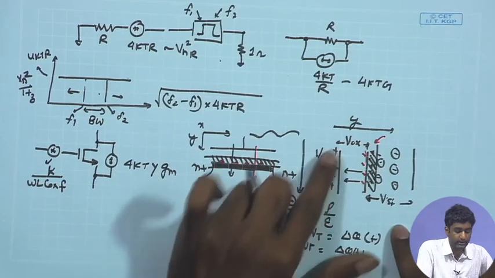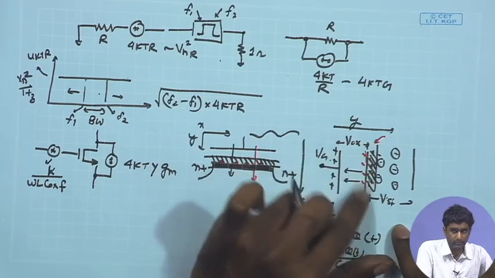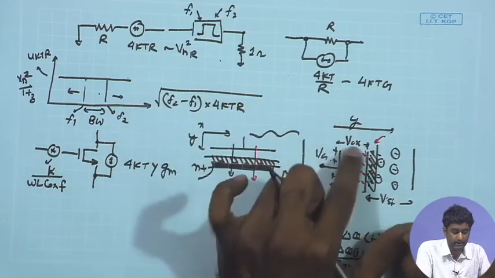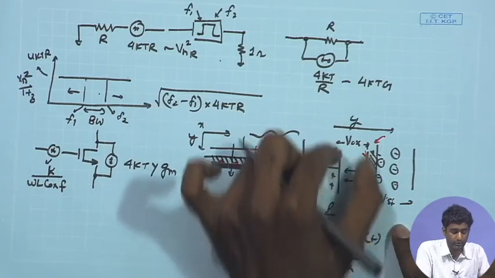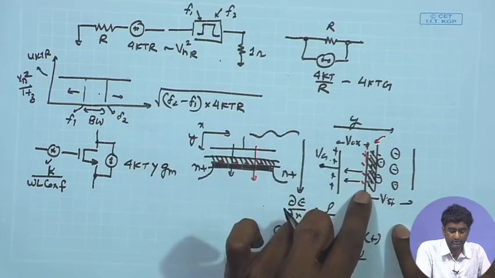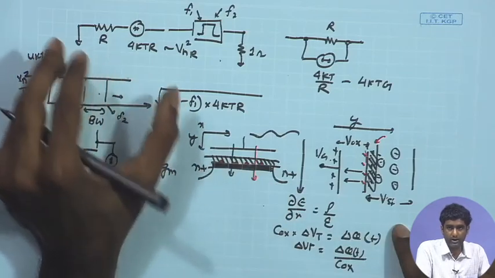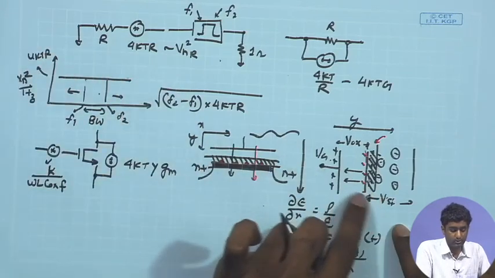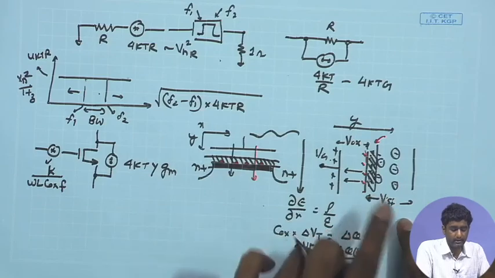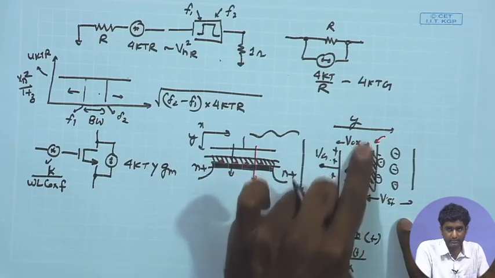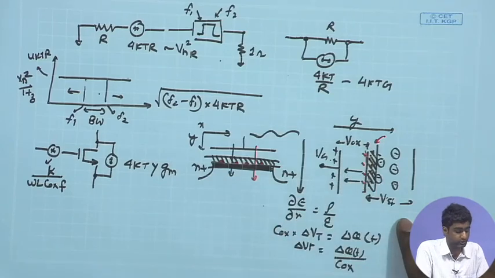Effectively, it also means that if you are integrating this random exchange of charges, and because of that you are integrating the delta V produced by this random transfer of charges over a long time, it will end up having overall larger magnitude. So that basically means that at lower frequencies you are having a higher overall contribution because of this trapping detrapping process of the electrons.